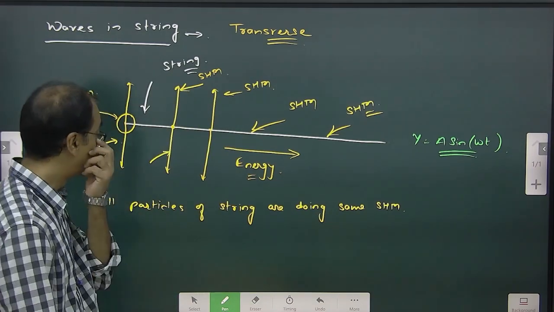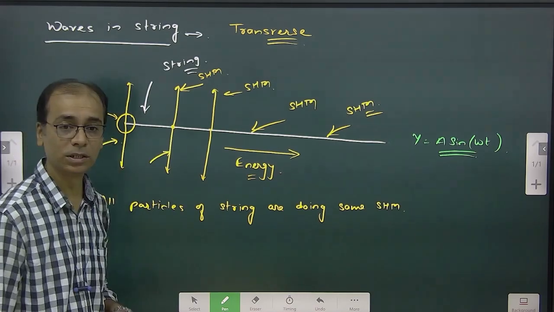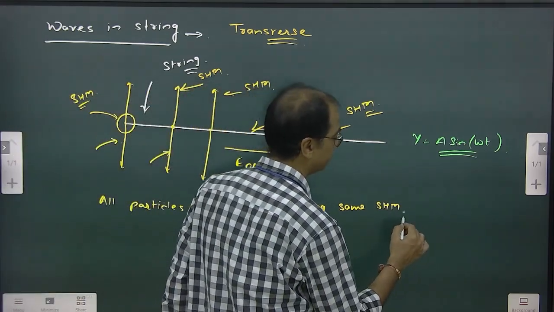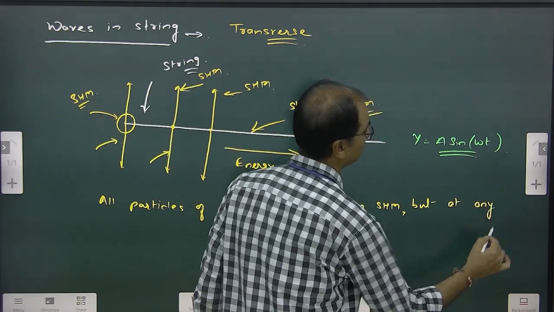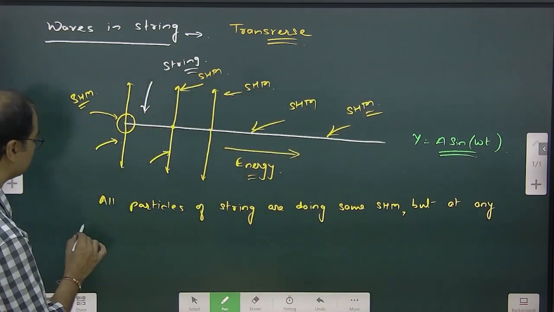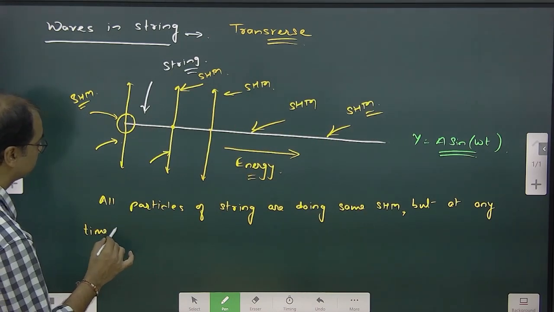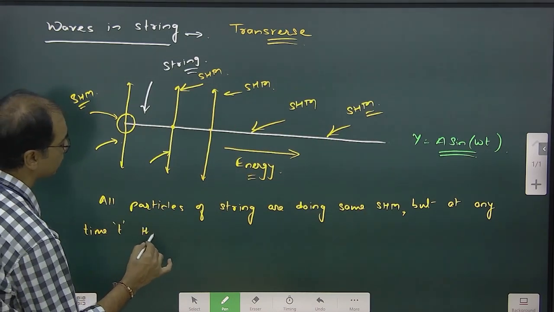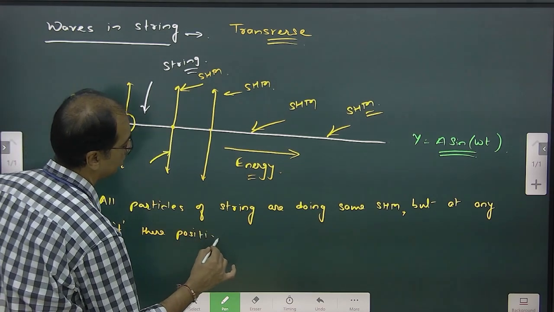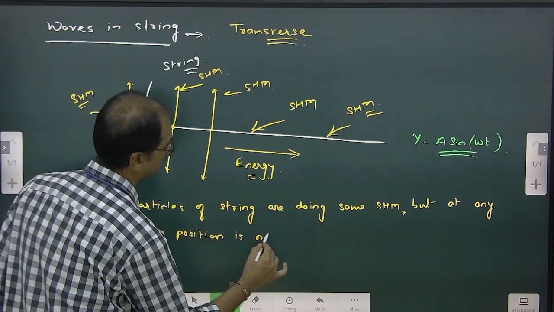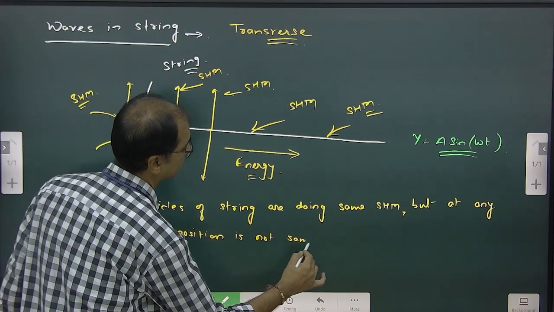All the particles of the string are doing the same SHM, but at any time t, their position is not the same. We'll try to understand this.